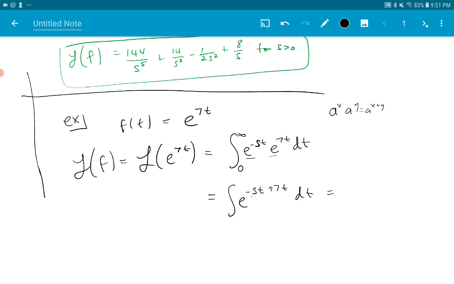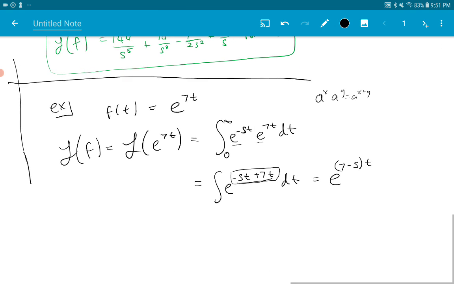In fact, if I pull a t out of this expression and rewrite it, I'll get e to the 7 minus s in parentheses times t. That's the same thing as what we had here. I just factored a t out and wrote the 7 and the s in different orders. dt. All right, what's the antiderivative of that? Well, this is another one. The integral of e to the kt is e to the kt over k.